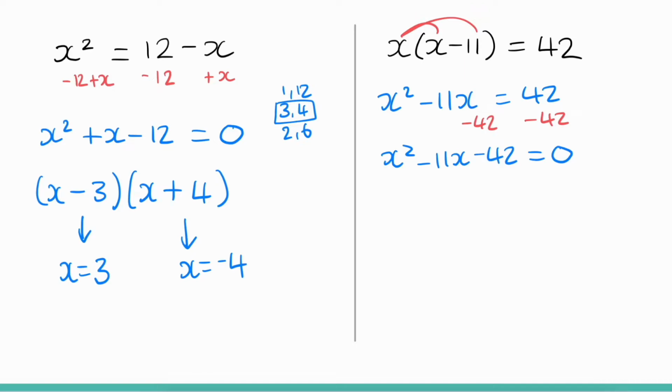So I'm looking for things that multiply together to make 42. So if I know I'm going to have x and x. Things that multiply together to make 42 are 1 and 42, or we have 2 and 21, or we have 3 and 14, or we have 4 won't go, 5 won't go, and then 6 and 7.